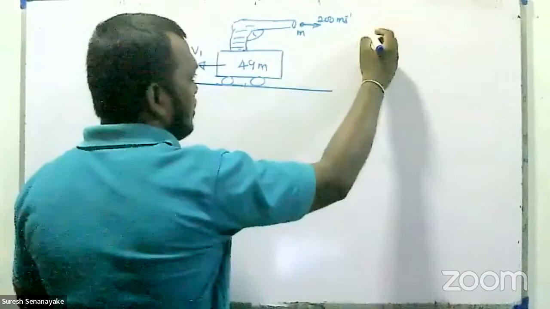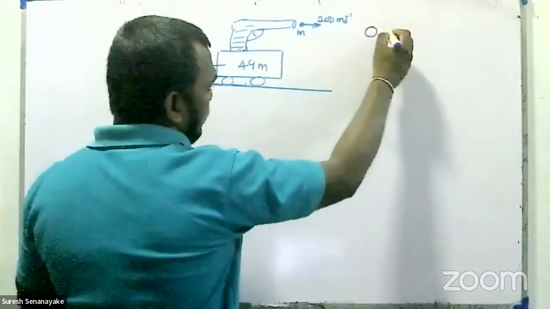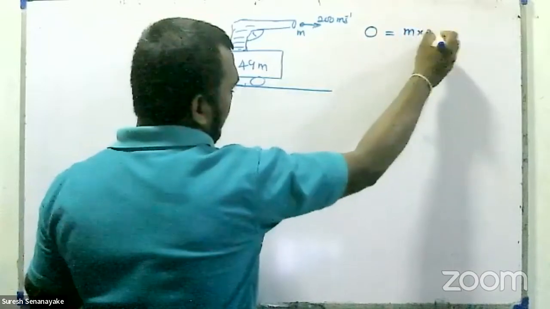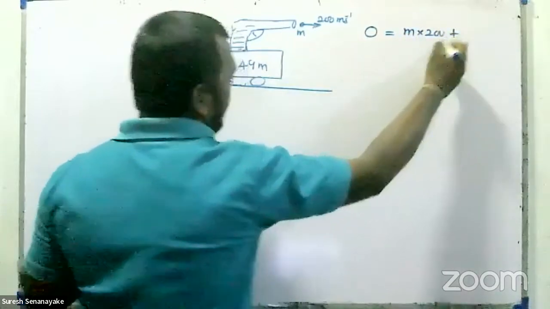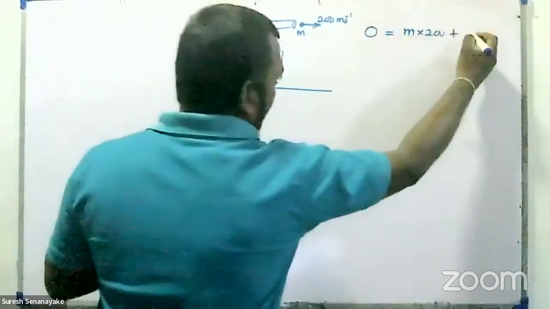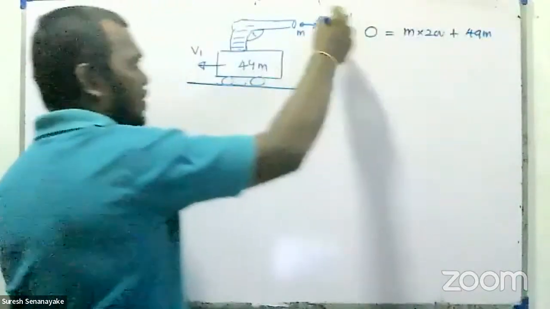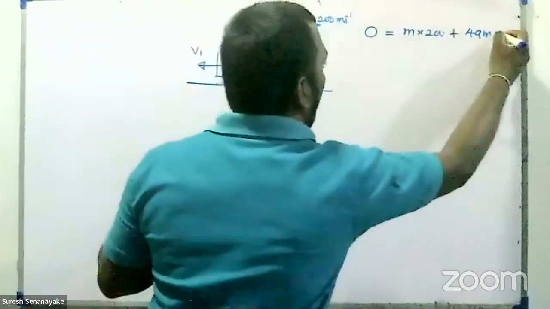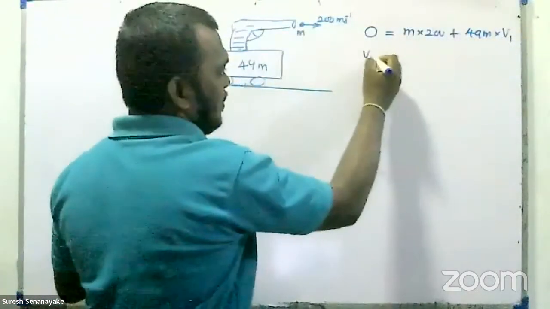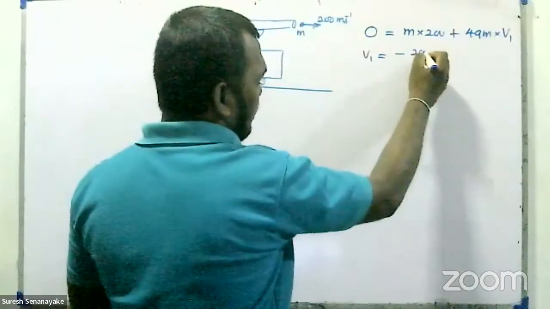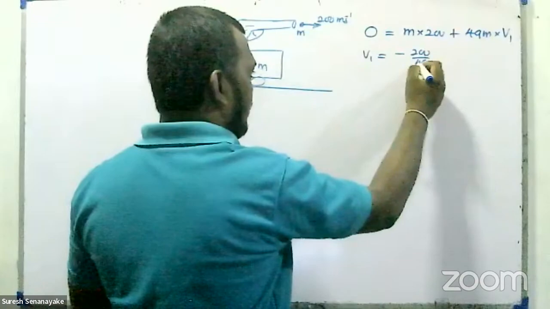So I apply the momentum conservation for this. We can write this as initially 0. And now the momentum of the bullet is m into 200, plus the recoiling velocity, with mass 49m without this bullet, into V1. So you can get V1, and m cancels, V1 is minus 200 divided by 49.